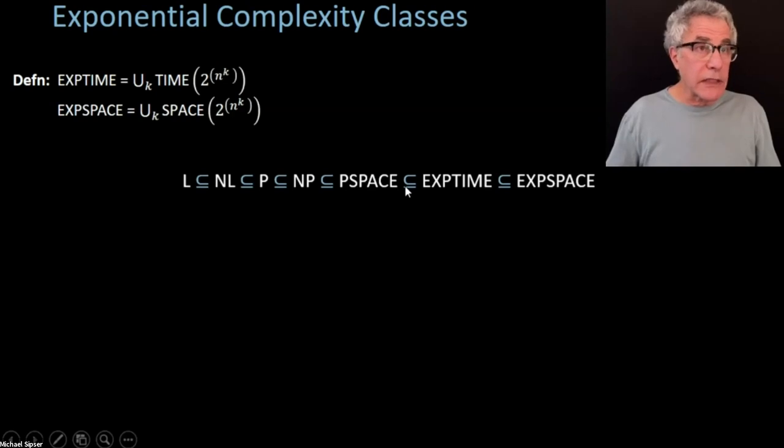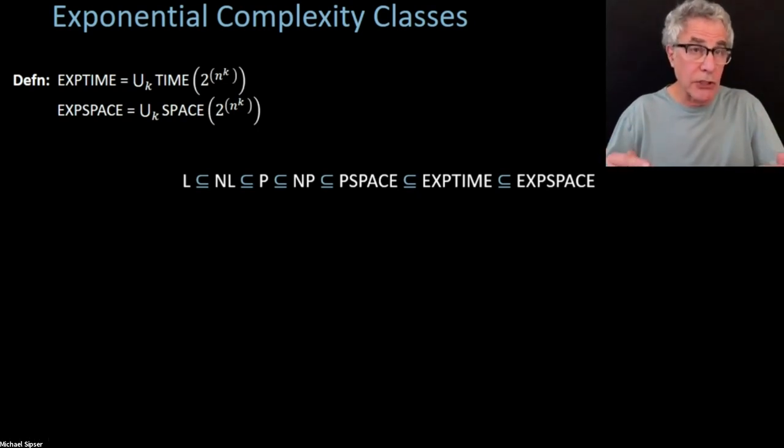The first 5 of these classes, L through PSPACE, we've already seen, and exponential time and exponential space extend the containments that we've already seen. You have to double check that you understand why PSPACE is a subset of exponential time. That's because, as we showed, going from space to time, you can do that with an exponential increase.